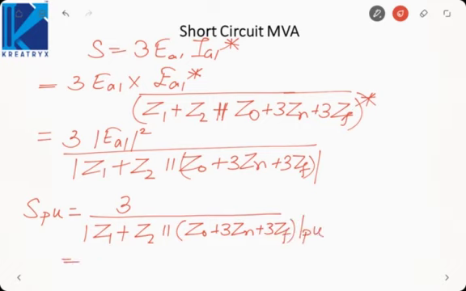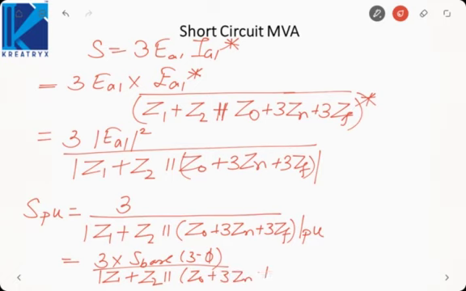In MVA it will be 3 into S base 3 phase by mod Z1 plus Z2 parallel Z0 plus 3Zn plus 3ZF in PU. This will give the result in MVA. So this is my short circuit MVA for the case of double line to ground fault.